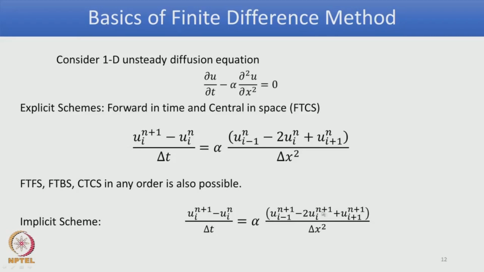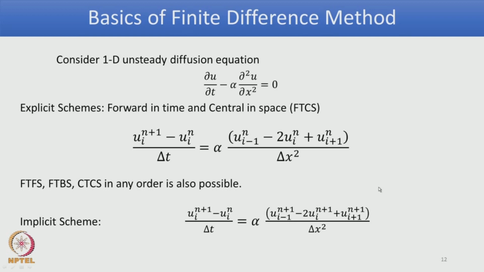This n plus 1 level has to be determined at the i node, the i plus 1 node, and also the i minus 1 node. Sometimes the i minus 1 node on the left hand side you would have already determined, whereas the i plus 1 node you do not know. So overall, u of i, n plus 1 appears on the left hand side and also on the right hand side. So this becomes an implicit formulation.